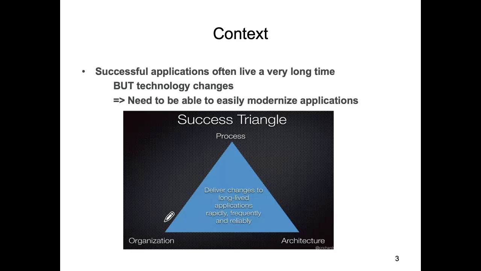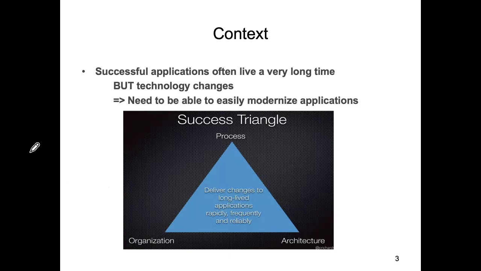But the problem is, in that intervening period, there are obviously technology changes happening. And it would be nice if we could avail of the technology changes that are happening and somehow modernize our long-living applications, let them benefit from these technology changes. Is that possible at all? That would give us the best of both worlds.